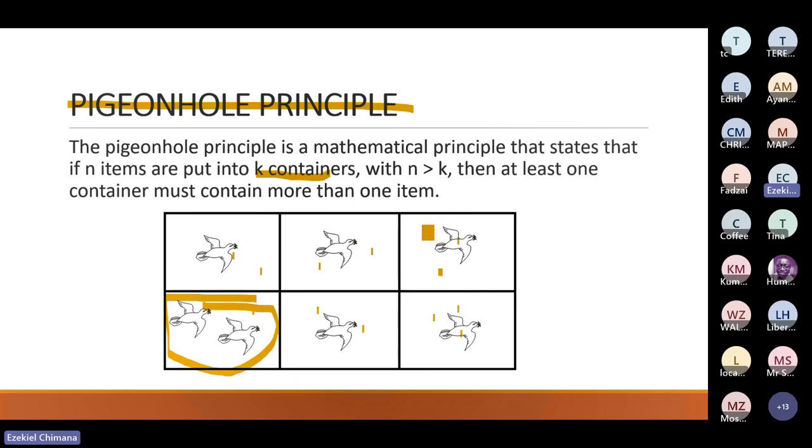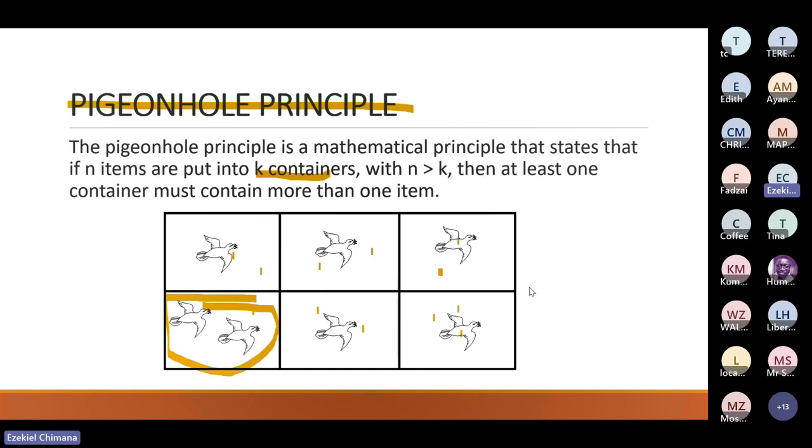Whenever you are given K containers and pigeons where the number of pigeons is greater than the number of walls, then at the end you are going to have a wall which has at least one more pigeon. So that's the Pigeonhole principle.